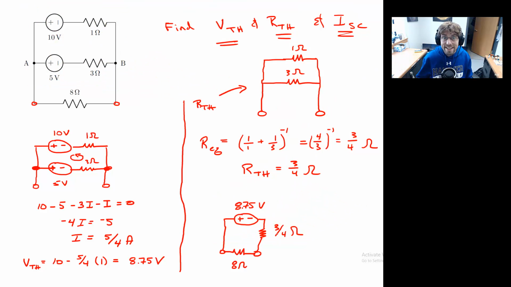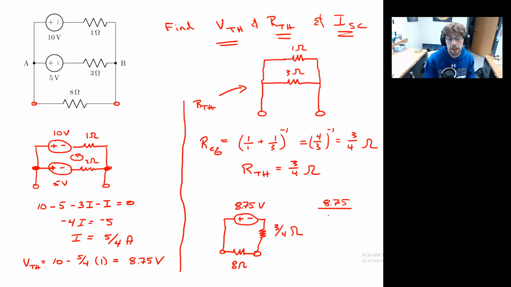Pretty cool, huh? And for a cherry on top, we could always find the current flowing through the 8 ohm resistor. In fact, sure, why don't we do it? The current flowing through, you can see, is the voltage divided by the total resistance. So we have 3/4, we have 8.